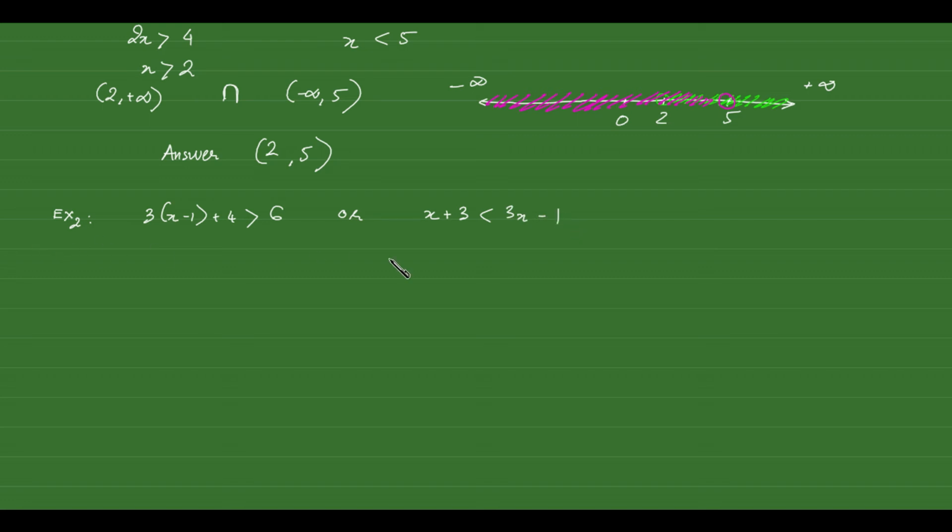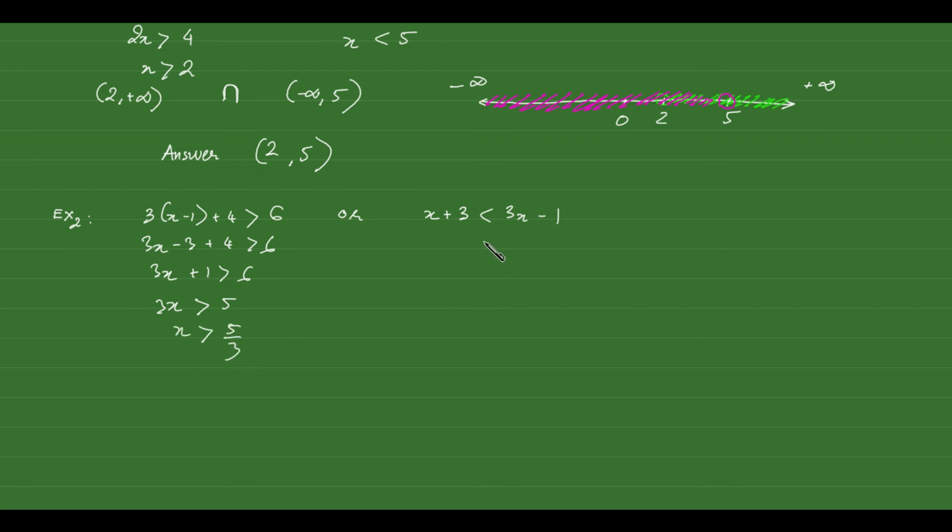Alright, so I combine two inequalities together and go ahead and solve each of them. Everybody knows how to solve this. So x greater than 5 over 3.